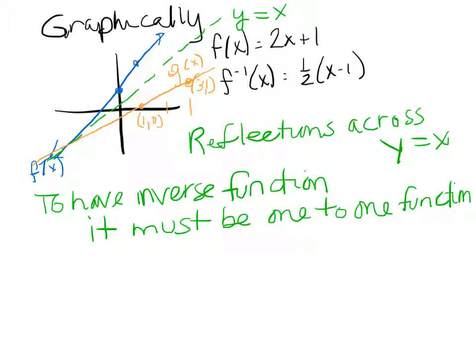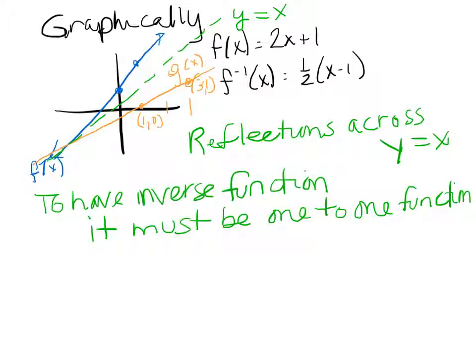And another way to say that was it passed the vertical line test. In order to be an inverse function, not only you put the value of x in, you get a certain value out of f of x. It also has to be true, though, that for every f of x, there's only one x. So you know which x to go back to, okay?